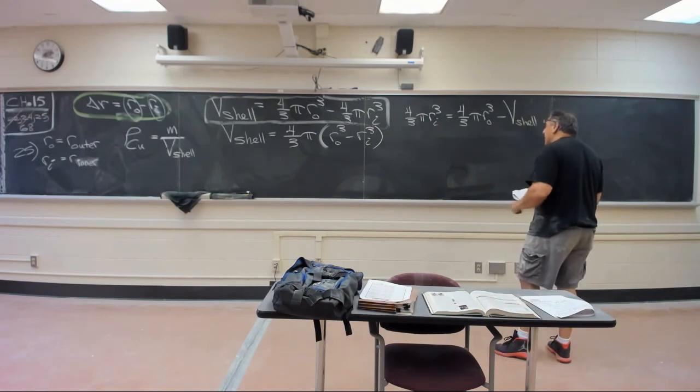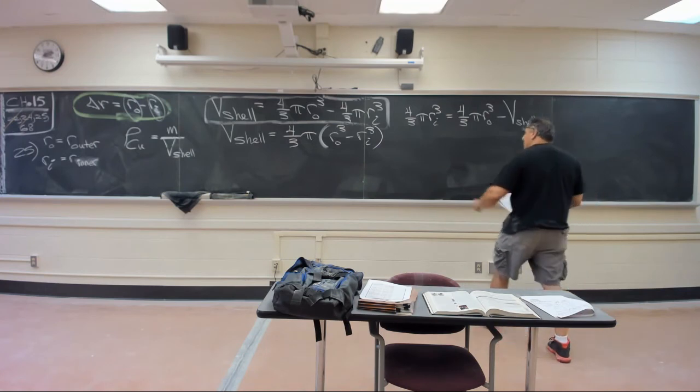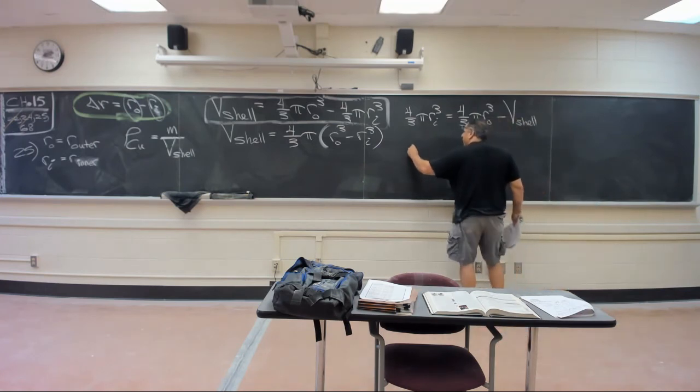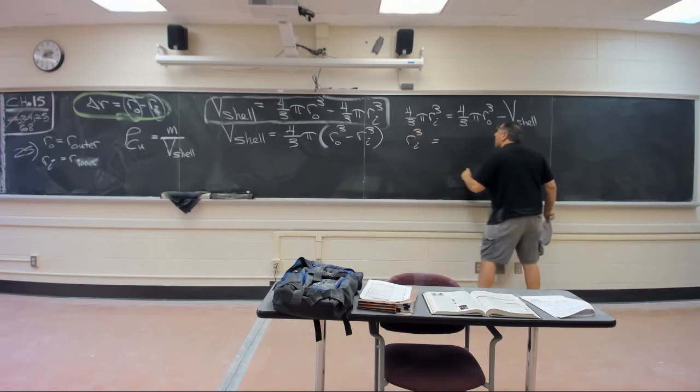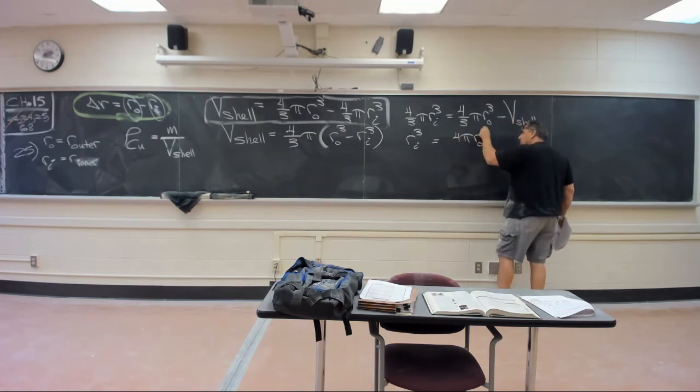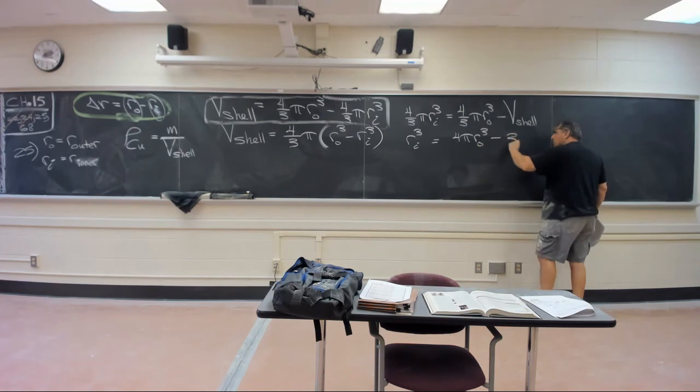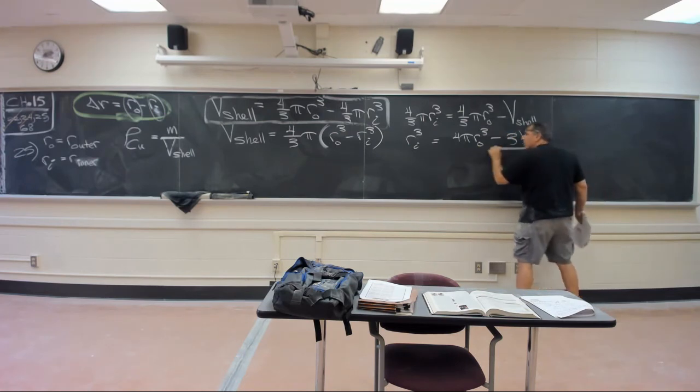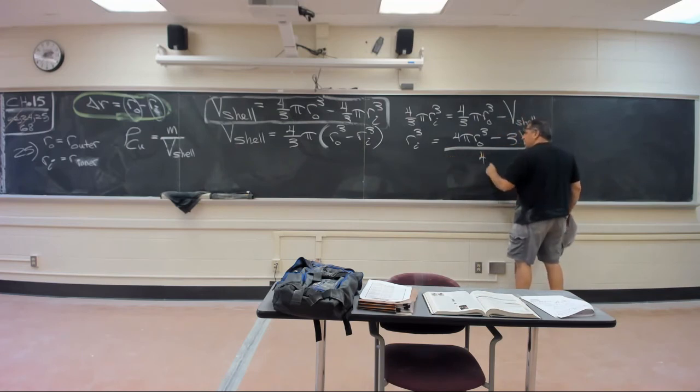Let's just work with it. Let's multiply by 3 on each side and divide by 4 pi. We've been down this road before. Multiply by 3 on each side. Divide by 4 pi.